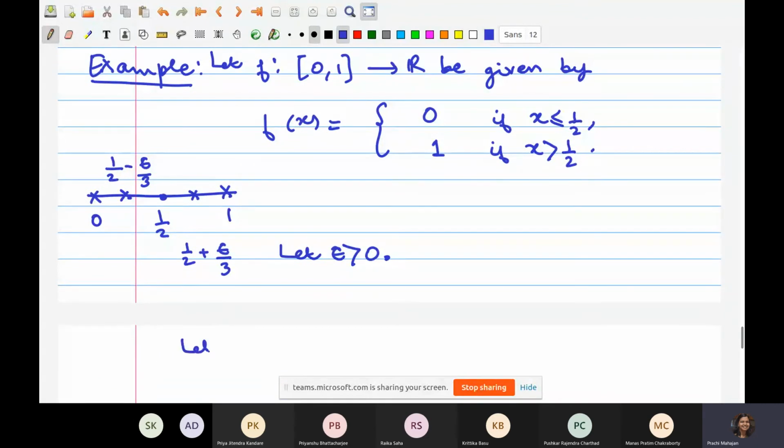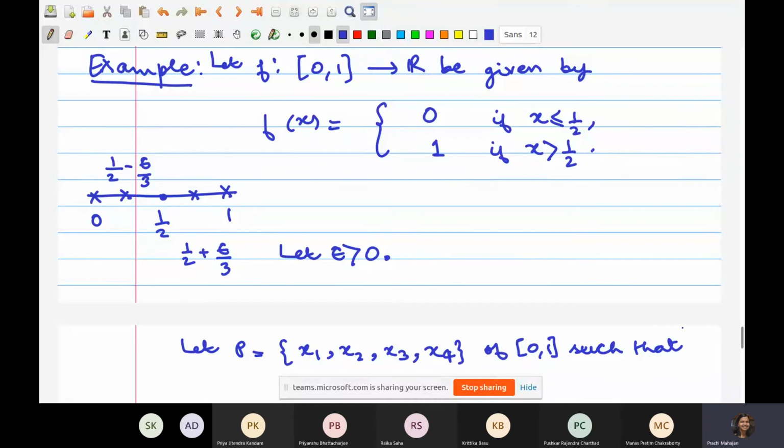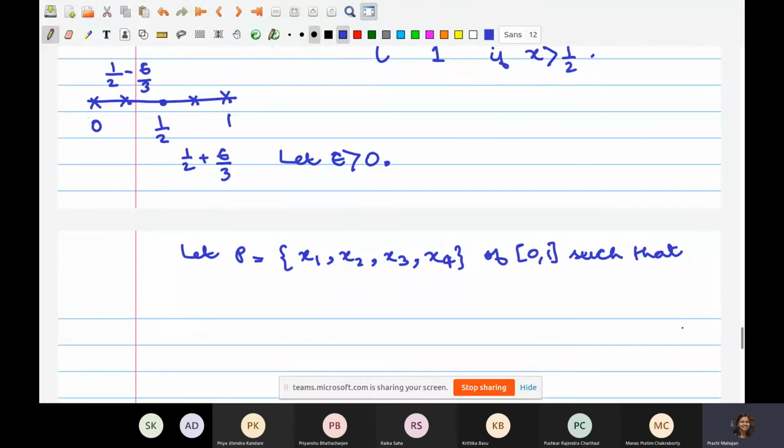Let's consider P as x0, x1, x2, x3, x4. So this is a partition of the interval [0,1]. So I have to give you what x0, x1, x2, x3, x4 are. The endpoints, there is no choice: x0 has to be equal to 0 and x4 has to be equal to 1.